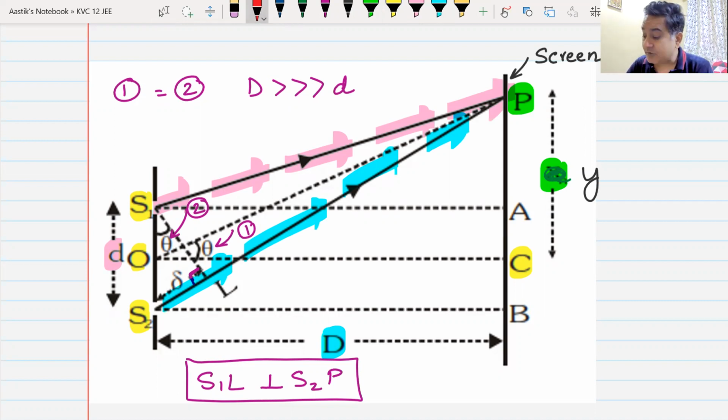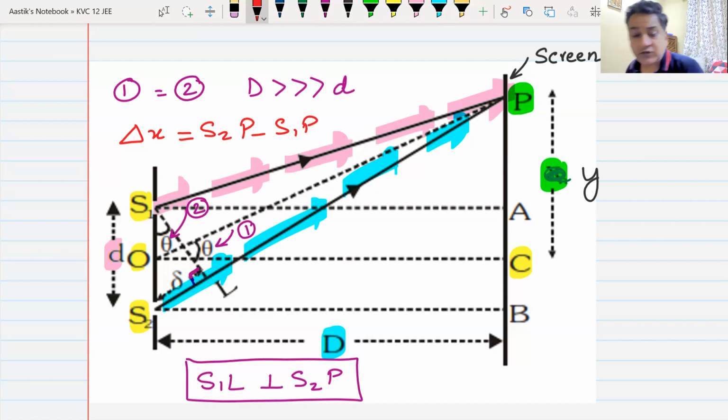The diagram is right in front of your eyes. Tell me what is the path difference between the two waves. They are not traveling the same path. What is the path difference? S2P minus S1P. That is exactly correct. It is S2P minus S1P.